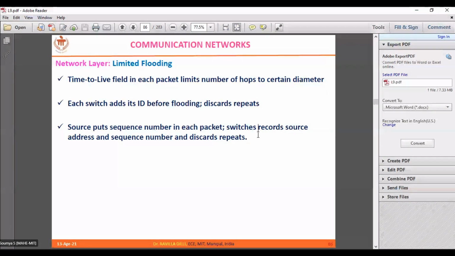If I have already received the same packet from the same source through another line, then I understand that it is a repetition, so I am not going to forward it anymore, by looking at this information.